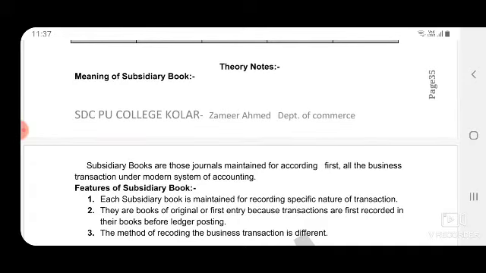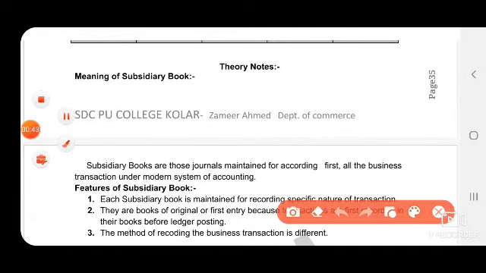So subsidiary books are those journals maintained for accounting. First, all the business transactions are recorded under a modern system of accounting. So this is a special book of accounting.